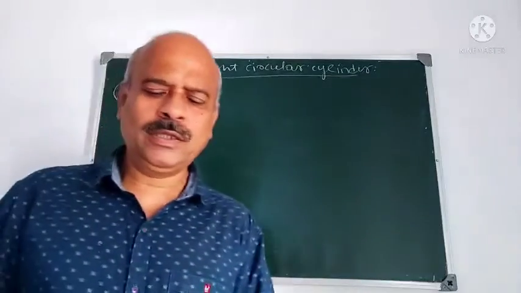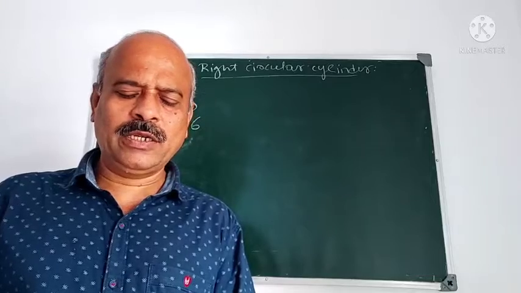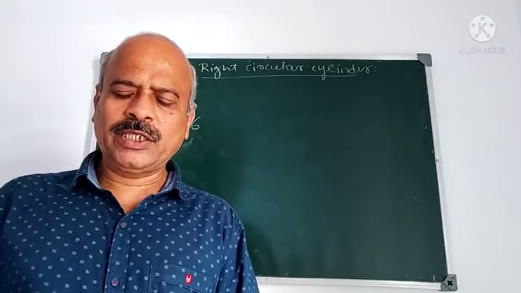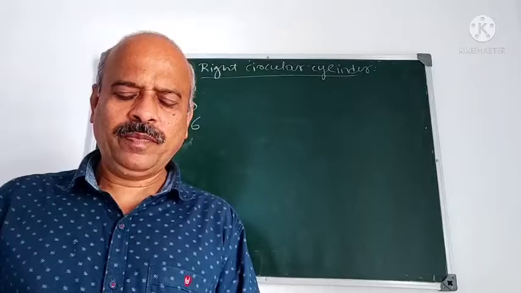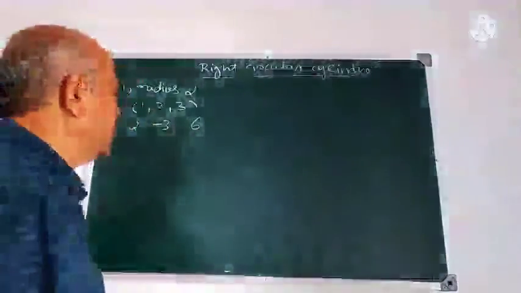You have taken this? I repeat again: find the equation of the right circular cylinder of radius 2 whose axis passes through the point (1, 2, 3) and whose direction ratios are proportional to 2, -3, 6.